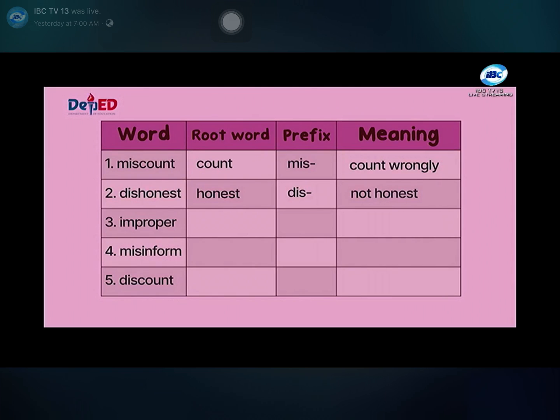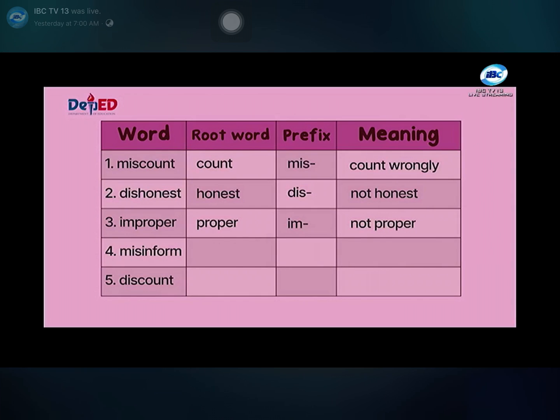Let's now go to the third word, improper. Do I hear proper as its root word? Yes, marvelous. Its prefix is im. The new meaning of the word formed is not proper. Here's the second to the last word.